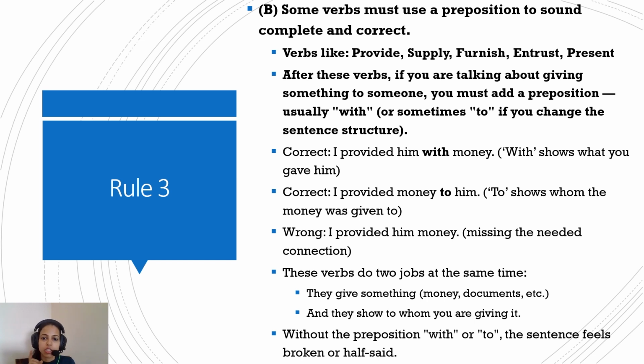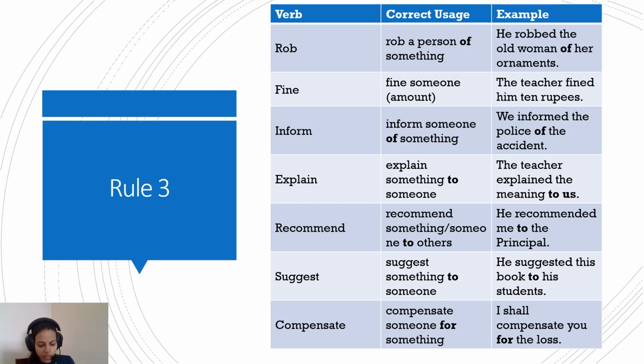So remember these words: provide, supply, furnish, interest, present. Present itself is not giving the complete sense. When you say present to or present with, it gives a sense. Okay. So you have to just see whether the word itself is giving the whole sense or not, and accordingly decide whether prepositions are to be used or not.